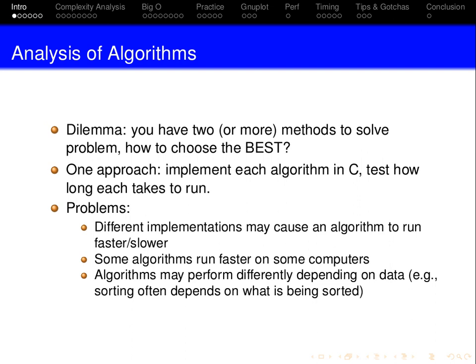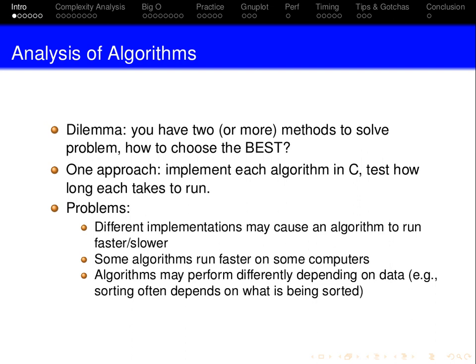There are problems here. Different implementations may cause an algorithm to run faster or slower. Just because you understand how your data structure works, someone may implement it in a terrible way, which runs slow. Someone else may implement a terrible data structure in a really fast way and then make it run better. But that doesn't really compare apples to apples, unfortunately. Some algorithms run faster on some computers.